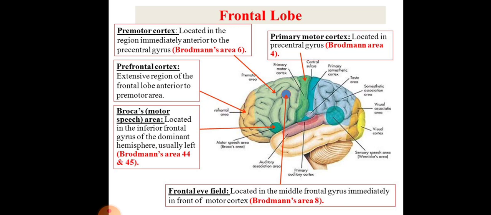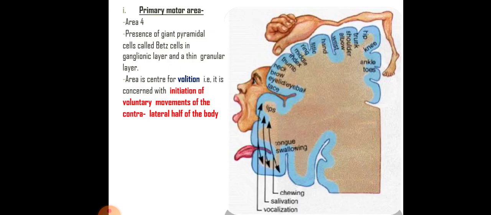Then just behind area number 6 we have area number 4, that is the primary motor area. Then in front of area number 4 we have the frontal eye field. It is located in the middle frontal gyrus immediately in front of the motor cortex, and the Brodmann area is area number 8. So the primary motor area is area number 4.